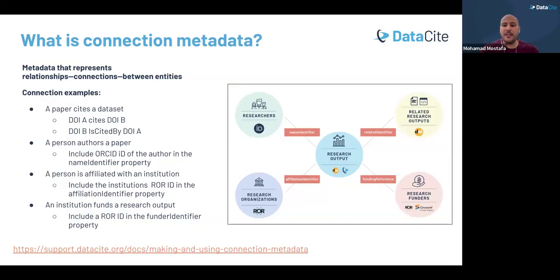And if you want to acknowledge funding information, you can acknowledge the funder as well using the ROR ID. As I highlighted, we have detailed information on our support site and documentation around connection metadata.